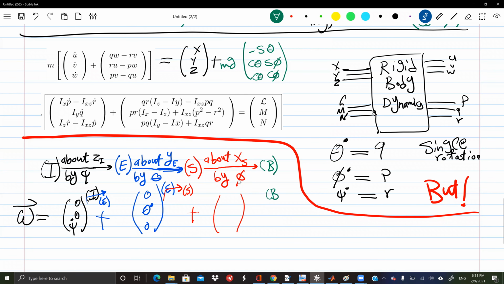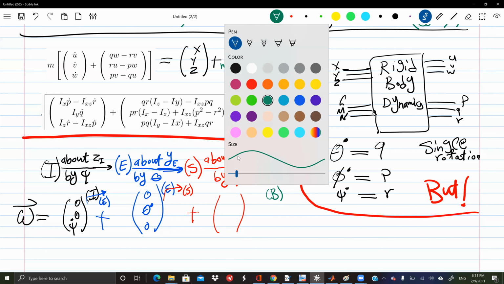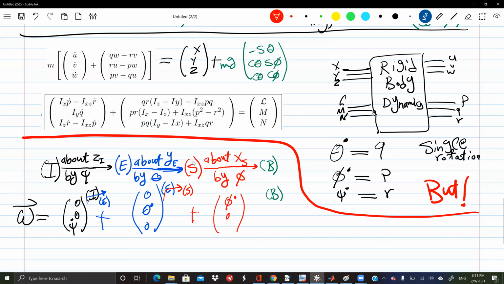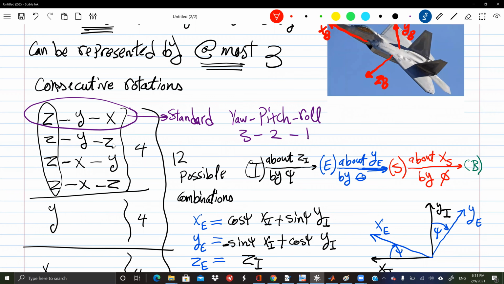But the rotation, phi dot, sorry. Phi dot, exactly. And it's about x. So actually it goes in the x, right? Phi dot, 0, 0. And guys, when I ask you to do a non-standard rotation, please pay attention to this, because if I ask you to do zyz and the last angle is phi or gamma, I don't care about the name, then it's going to be 0, 0, something dot, right?